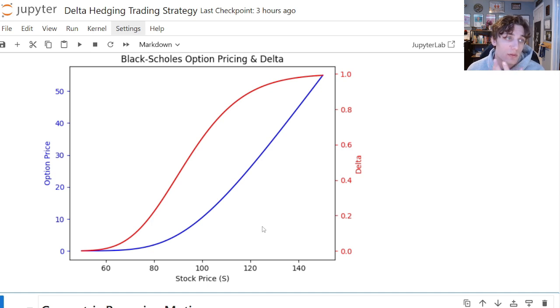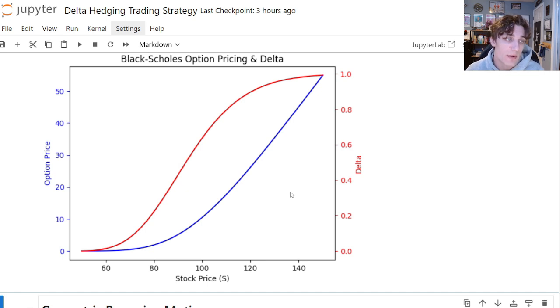Delta is the first order sensitivity of the option's price with respect to the underlying asset's price. Now, in layman's terms, what does this mean? This means as the underlying asset or the stock that our option contract is written with respect to changes, we can expect a subsequent change in the option price of approximately delta.